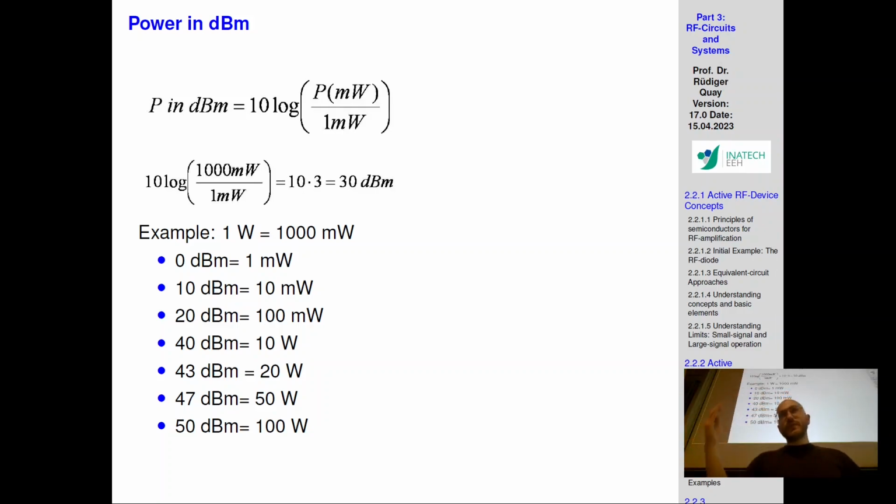If you say 3 dBm, how many milliwatt would that be? If 3 dB is an increase of 2? Any answers? 2 milliwatts, yeah. So, and then what would be 6 dB?